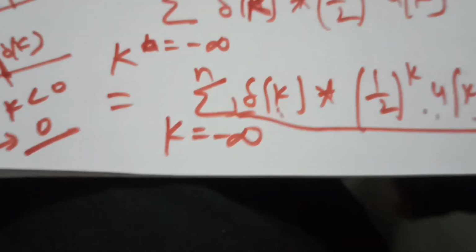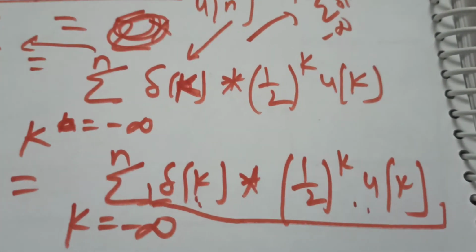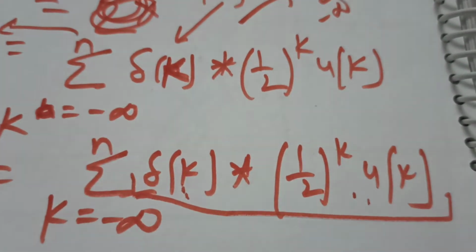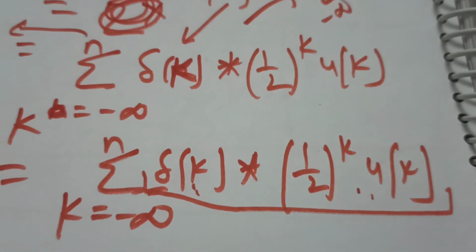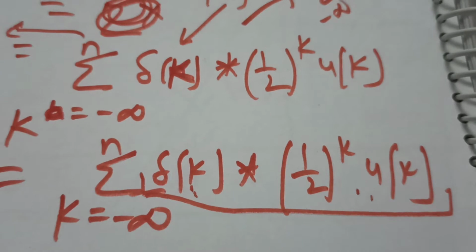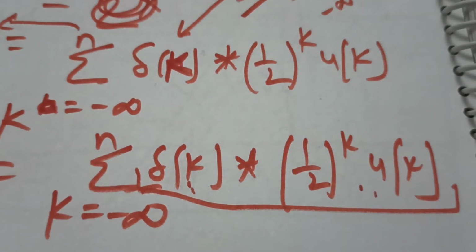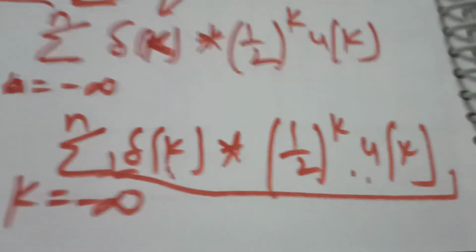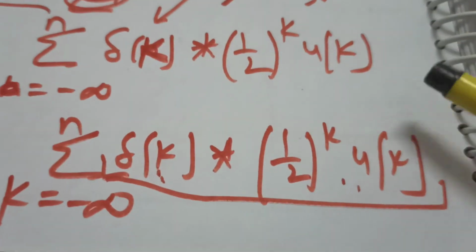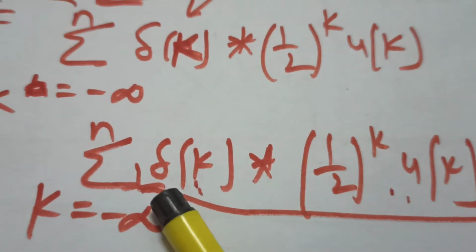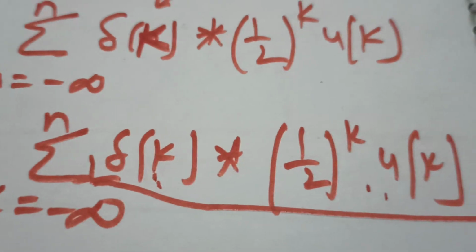This (1/2)^k u[k] is getting convolved with delta k, and whenever the convolution takes place, nothing more will happen. Simply the whole k term will get replaced in this expression of (1/2)^k u[k]. Whatever the expression is here will get replaced here.